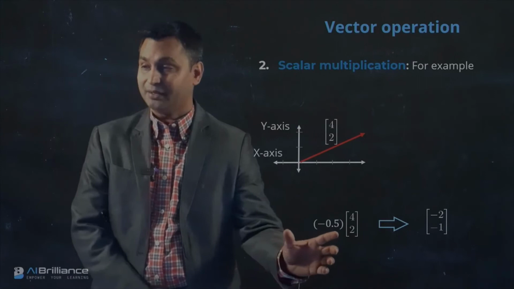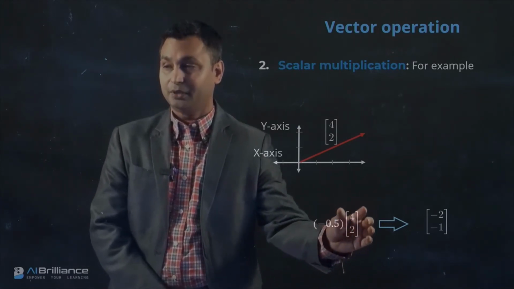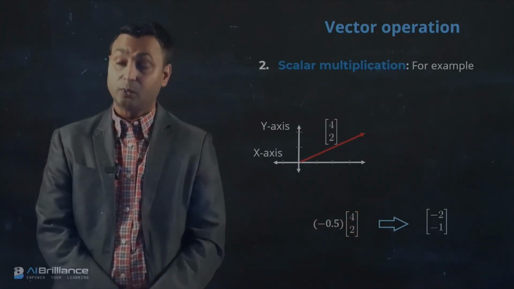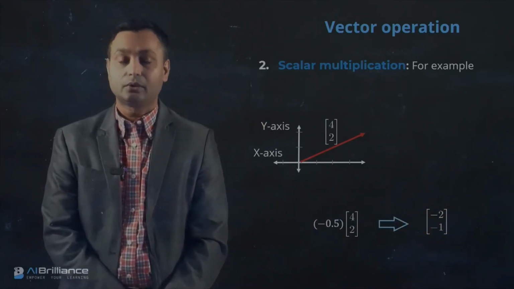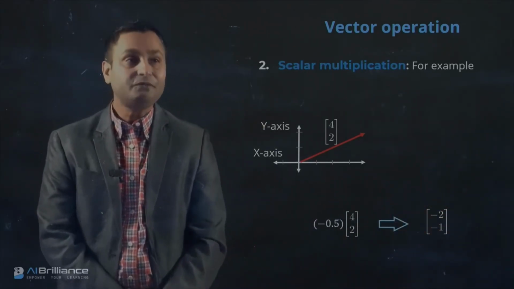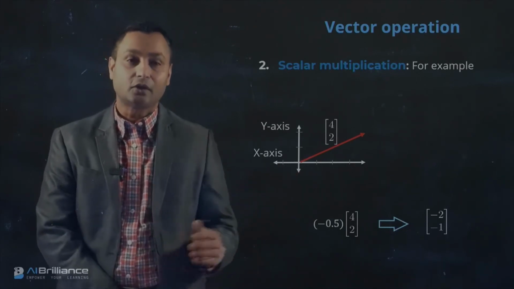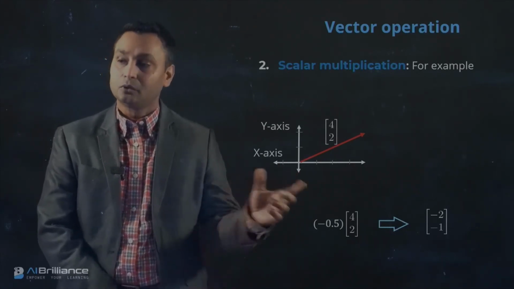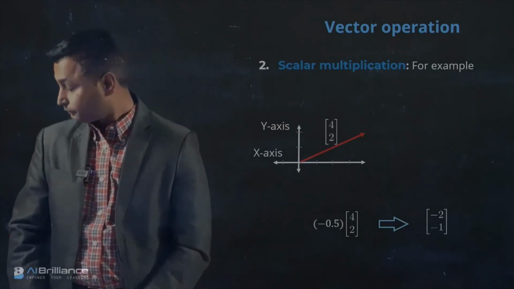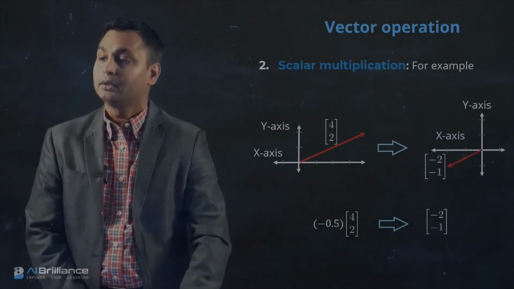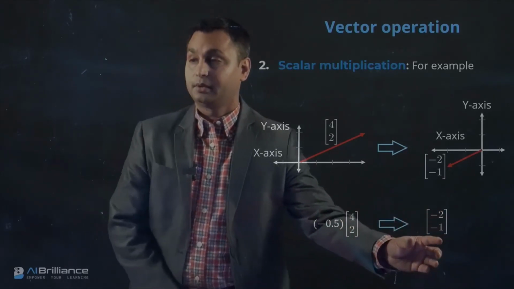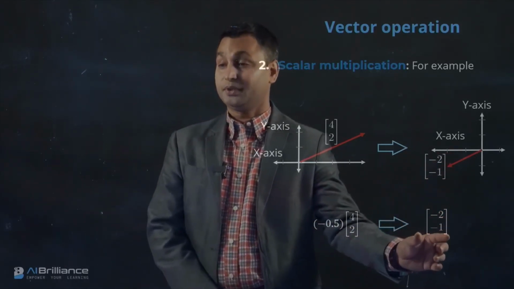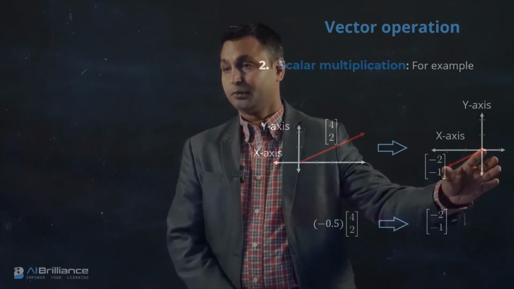You take the magnitude of the scalar and multiply that with the individual elements of the vector, and whatever the resultant quantity is gives you the location, or the vector after the scaling effect, or after the multiplication of a number by that vector. So if you do that, we see this number is minus 2, minus 1, and if I create a vector which represents minus 2, minus 1, this vector will be represented by this one.